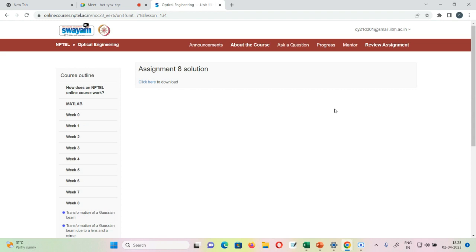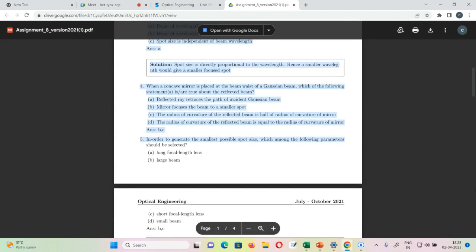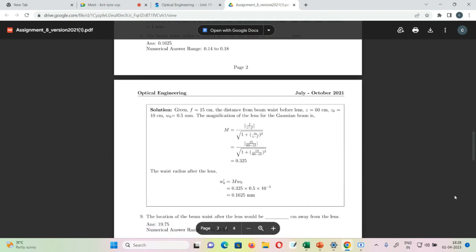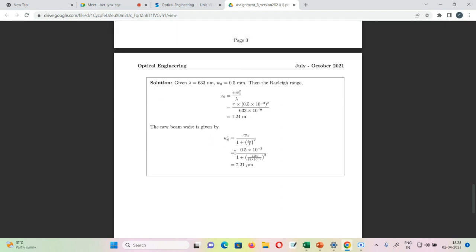Here actually, finding out the Rayleigh range is proper. But after that, how they arrived at that equation, I have a doubt.